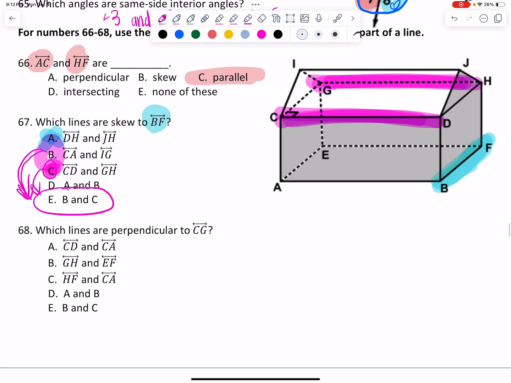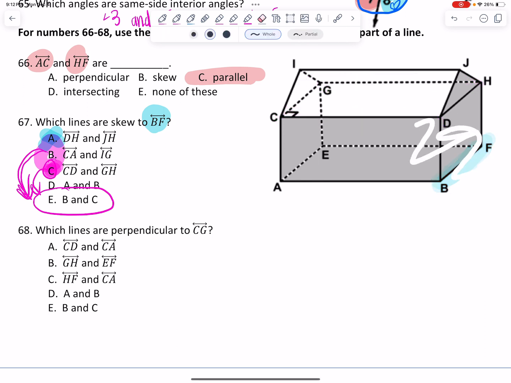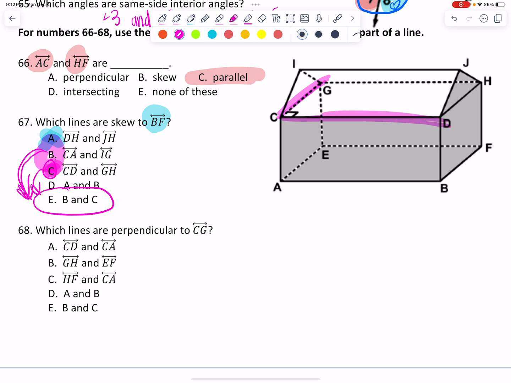Which lines are perpendicular to CG? So all using the same picture. It kind of looks like a house. CG, which lines are perpendicular to that? Immediately I see CD, so I know it's that one at least. Immediately I also see CA, those are going to be perpendicular as well.